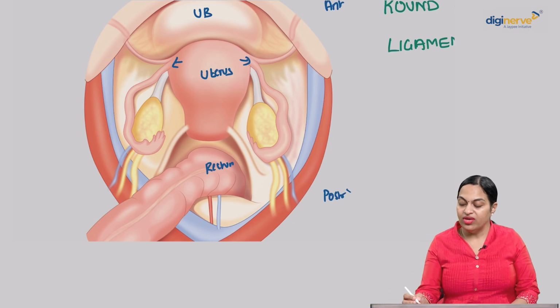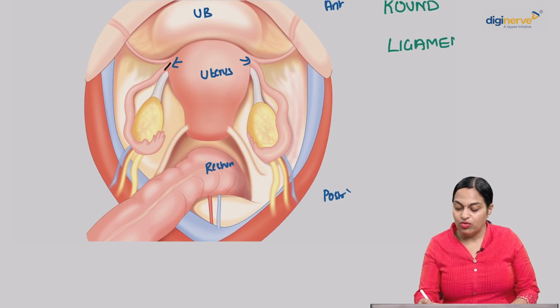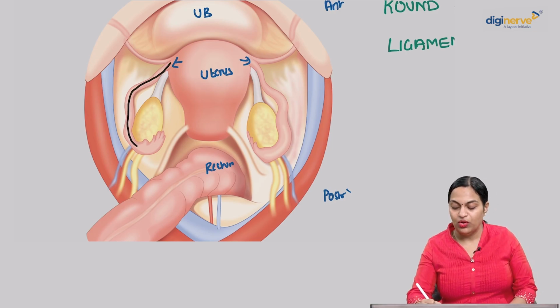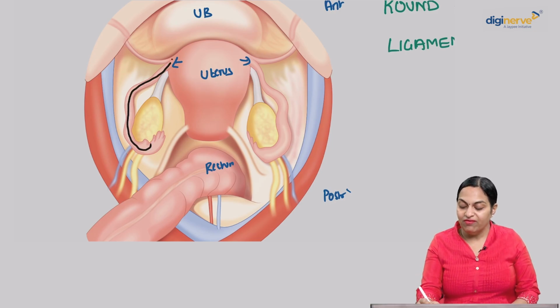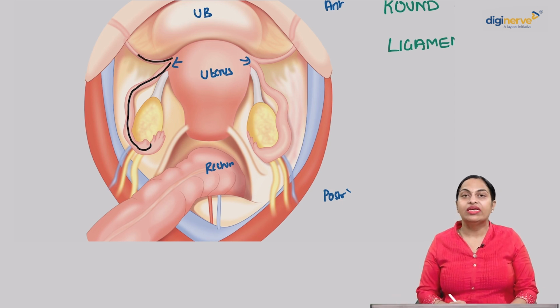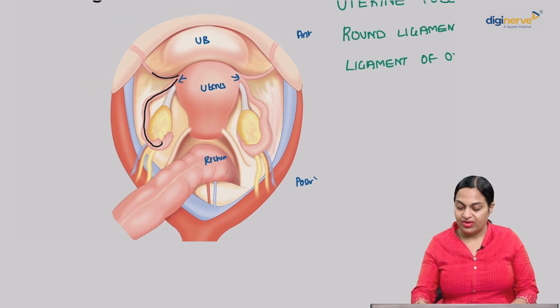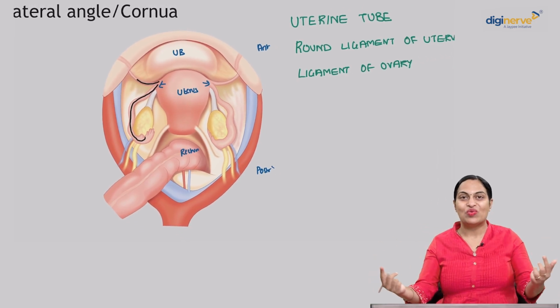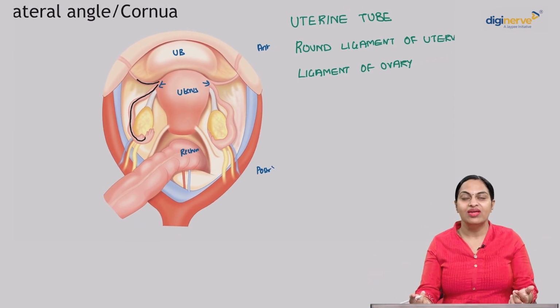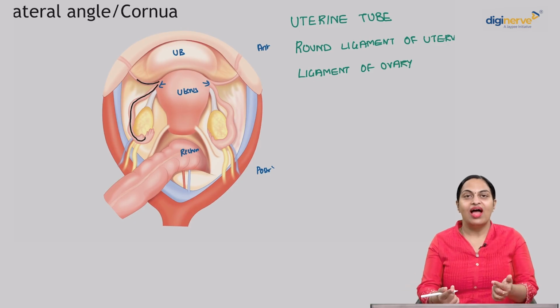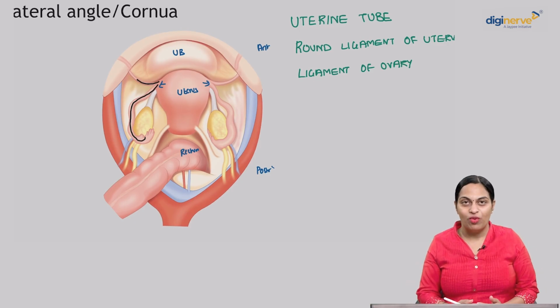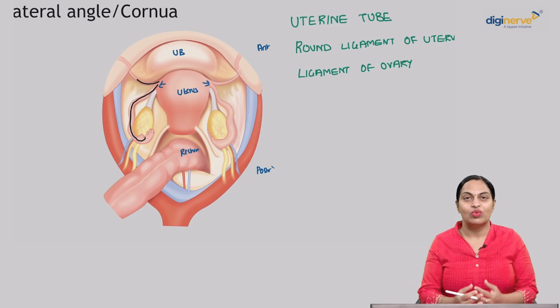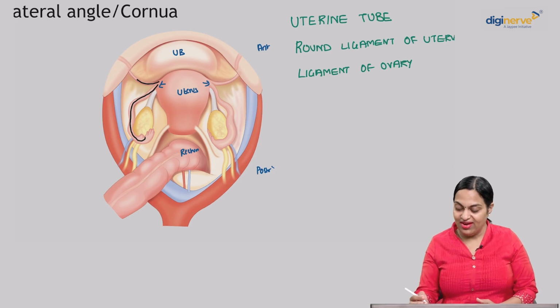Over here, you see the attachment of the fallopian tube, right? In front and below, this is the round ligament of uterus, right? The round ligament of the uterus, remember, it passes through the deep inguinal ring, inguinal canal, and then exits out of the superficial inguinal ring to attach to the labium majus, right?